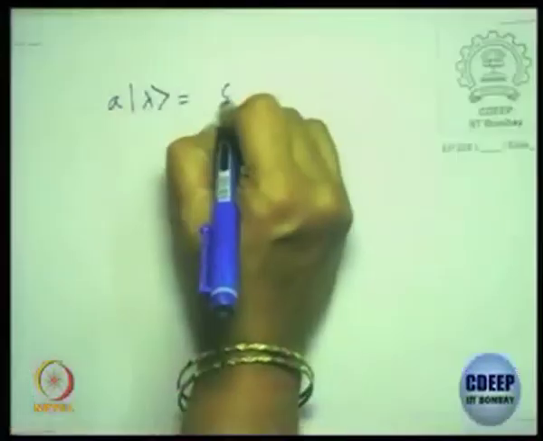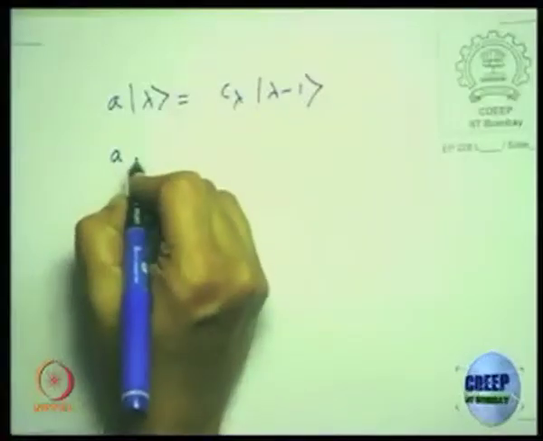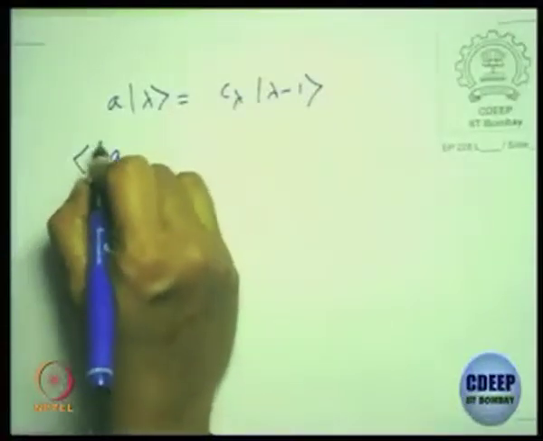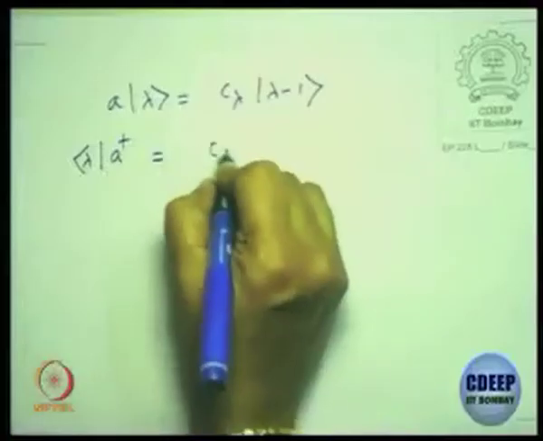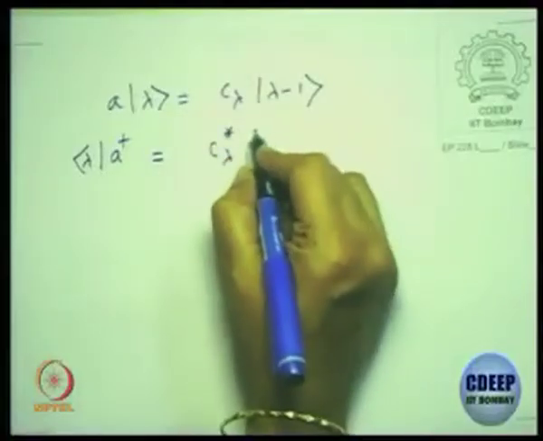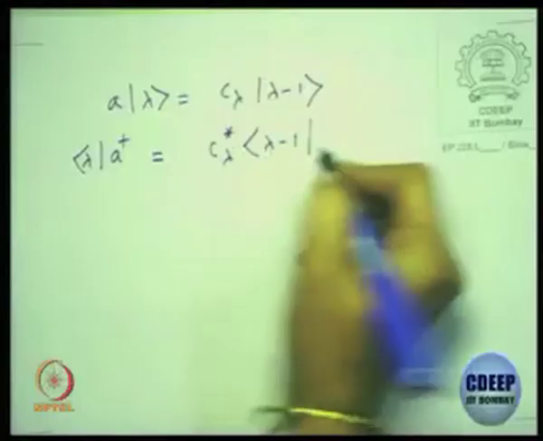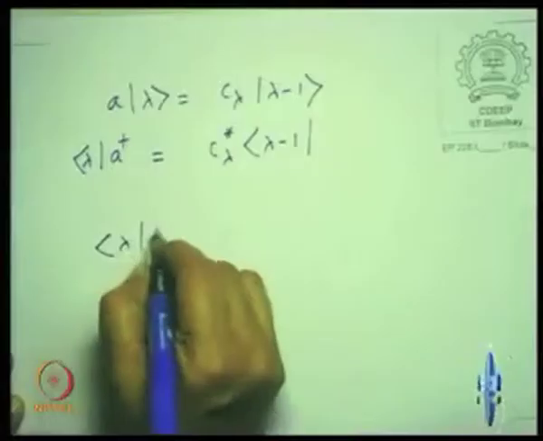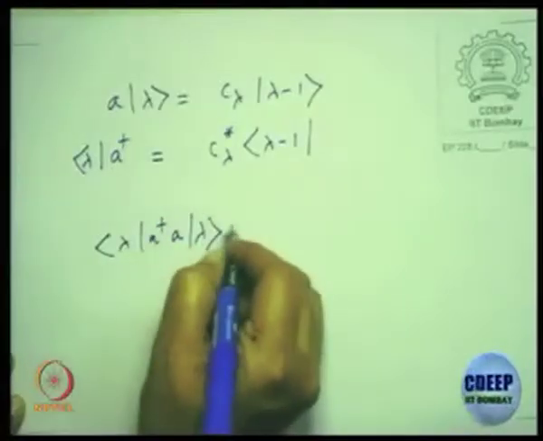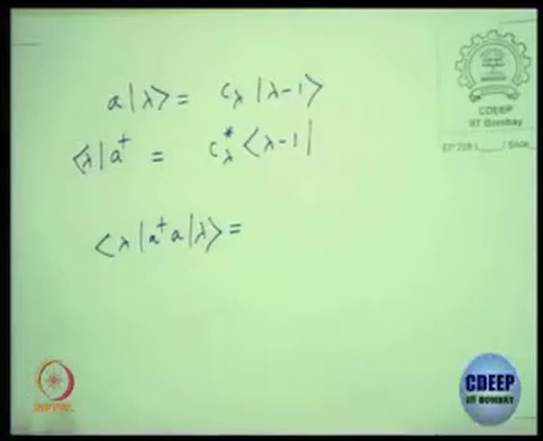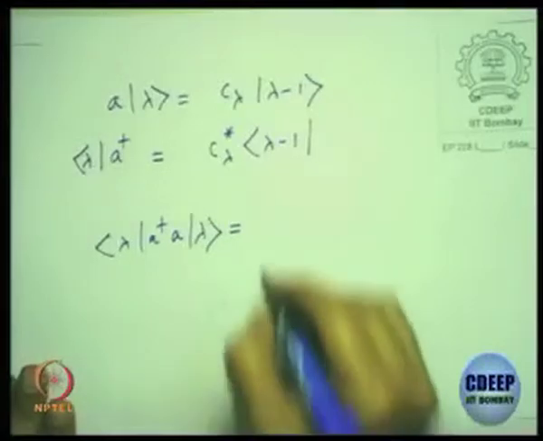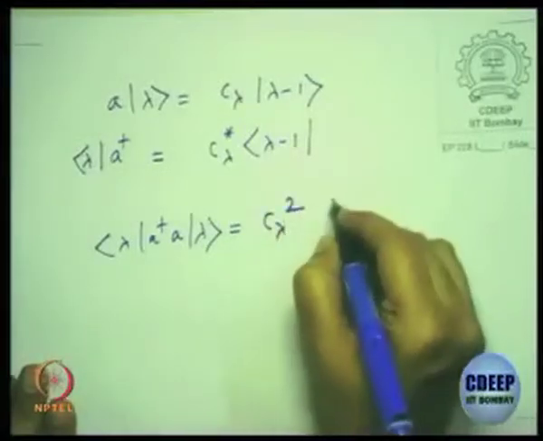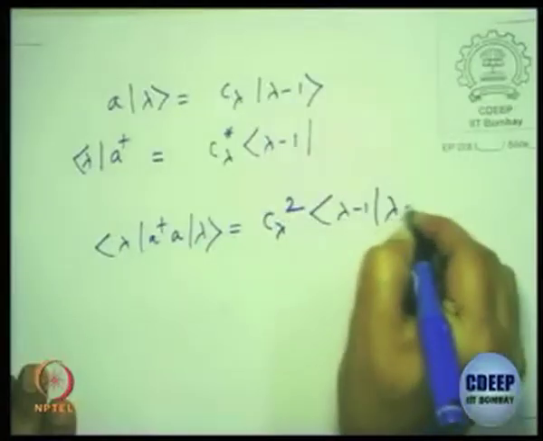You have A on lambda is C lambda times lambda minus 1. So you can also write C lambda squared times lambda minus 1.